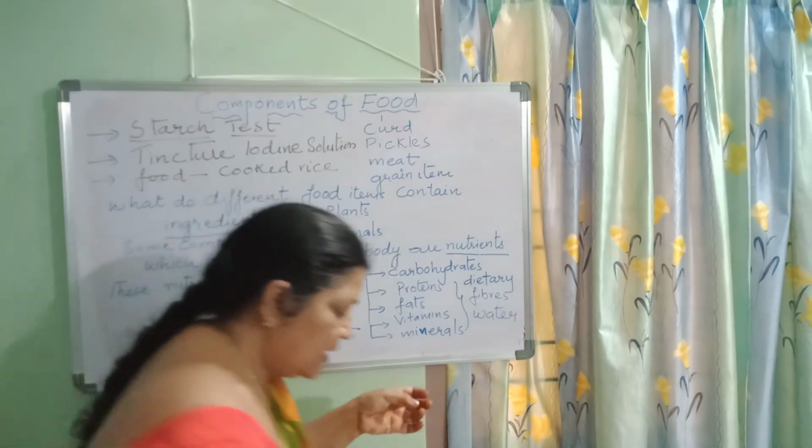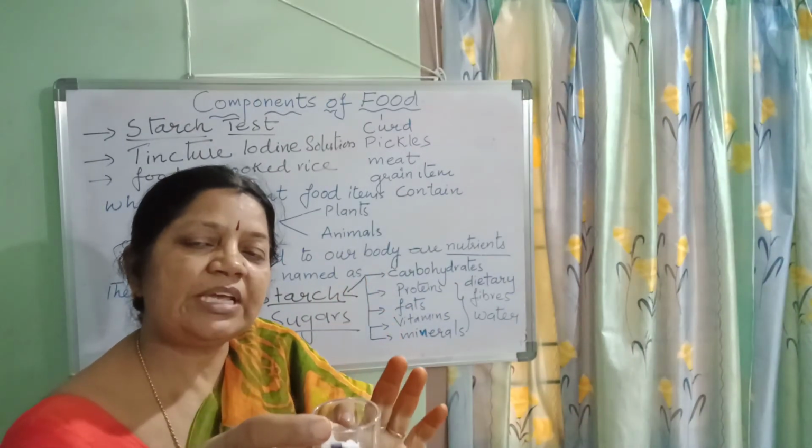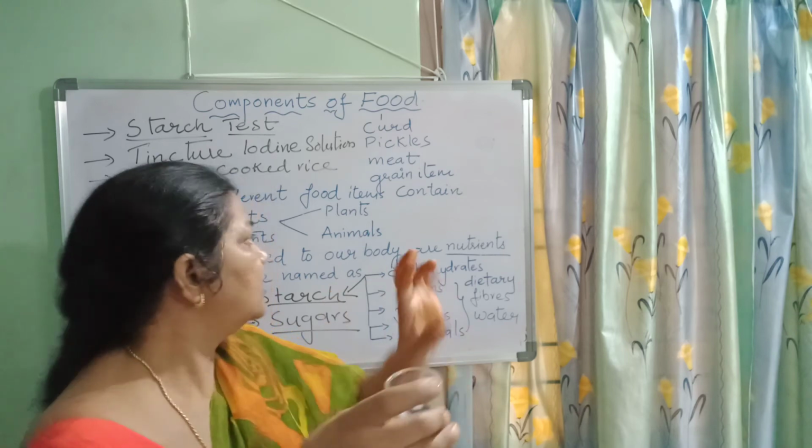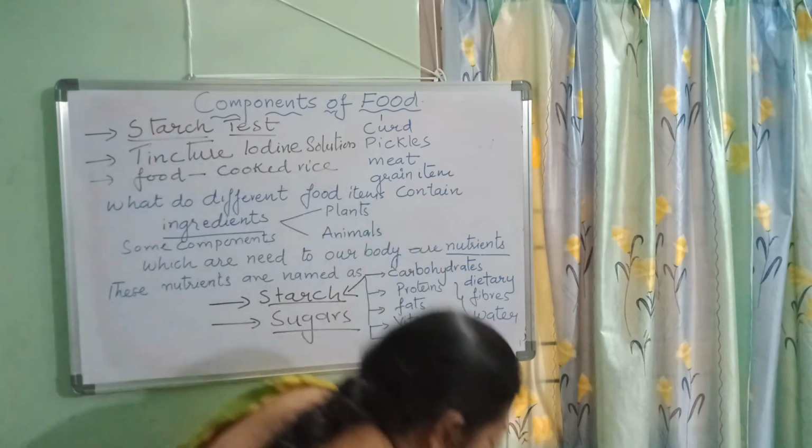Is it correct, children? The test is completed with cooked food, and it has changed. The result shows that it contains carbohydrate, starch. The starch test is finished.